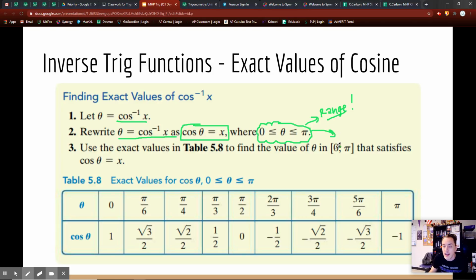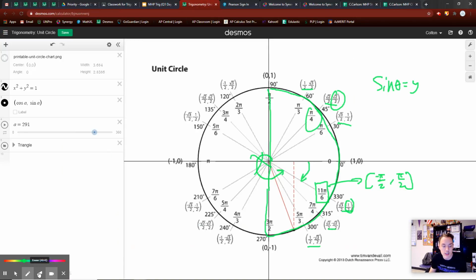And just like before, this is the same thing. So this is interval notation, which I'm going to be using a lot, and this is what we call inequality notation. They mean the exact same thing. Aren't you glad that you have a math teacher that tells you they mean the exact same thing? Now, what does this mean? 0 to pi. Well, is it the fourth or third quadrant?